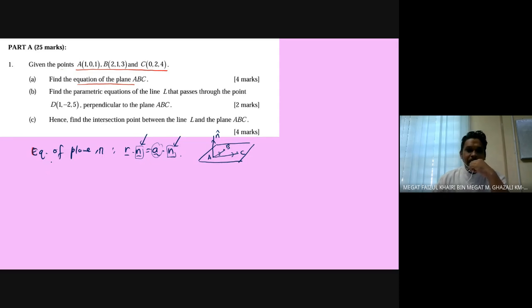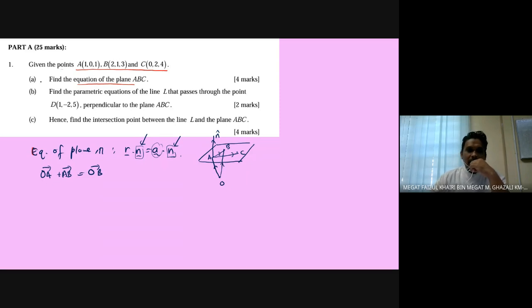So now, from O to A plus A to B equals OB. Just imagine there is an origin point O at 0, 0, 0, to the coordinate of A, O to A, to B equals OB.